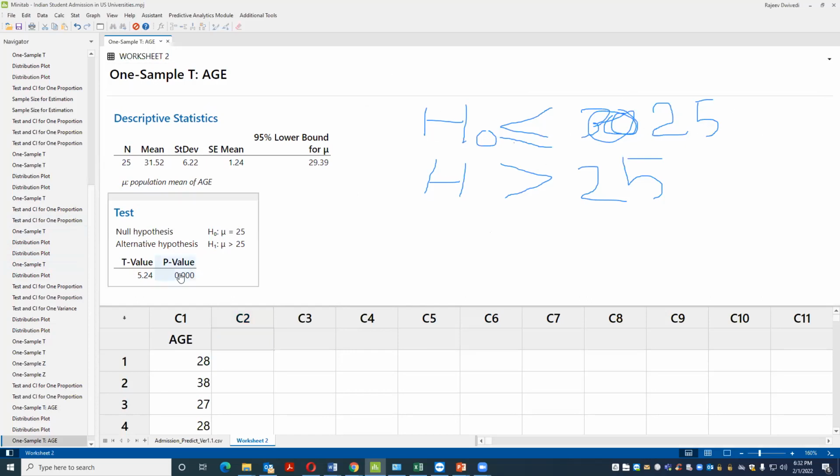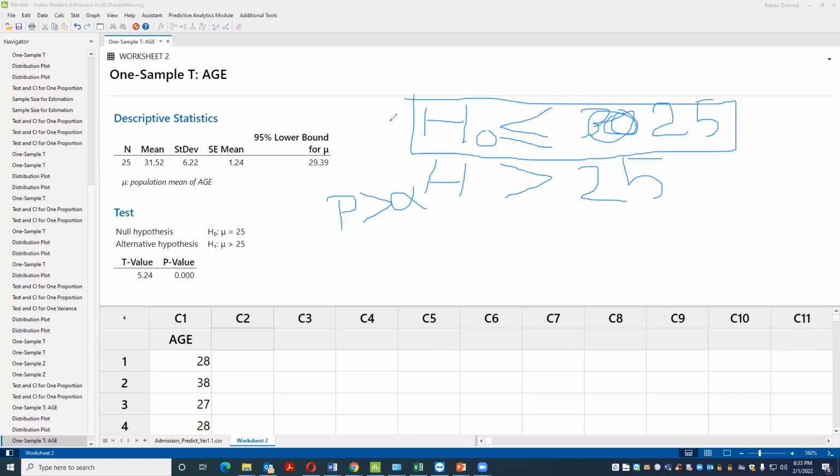If the p-value is greater than the alpha value. Here the p-value is 0, so the null hypothesis is rejected, and automatically the alternative is accepted.